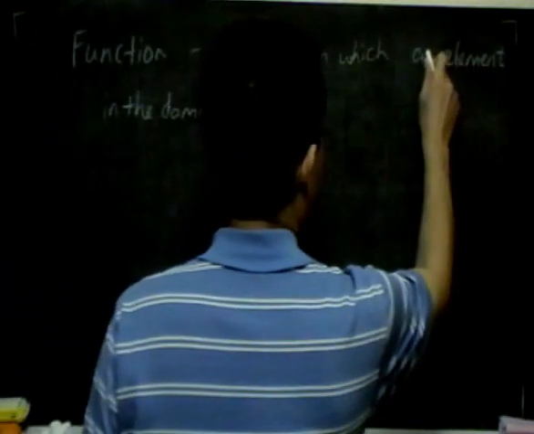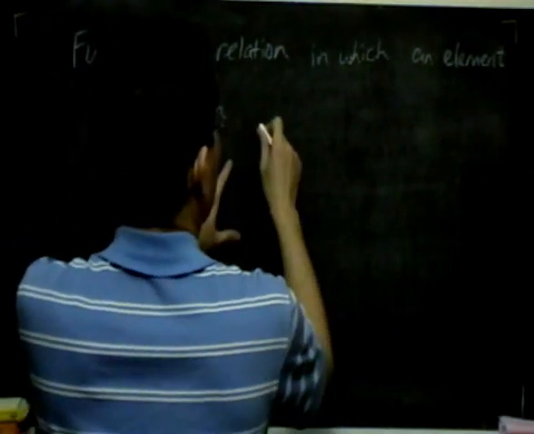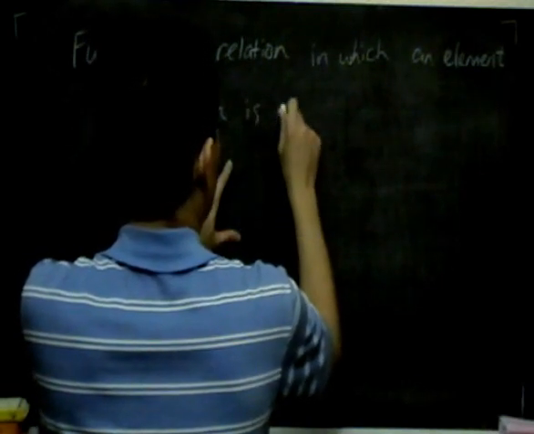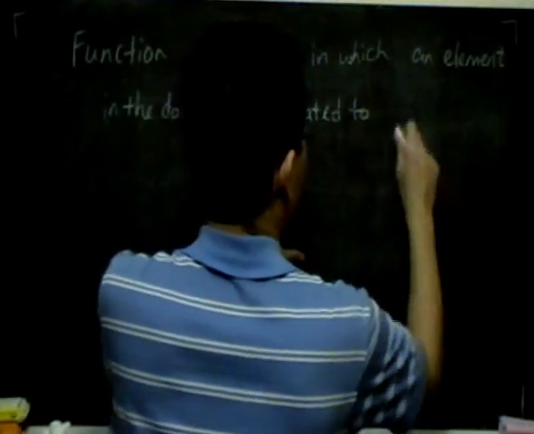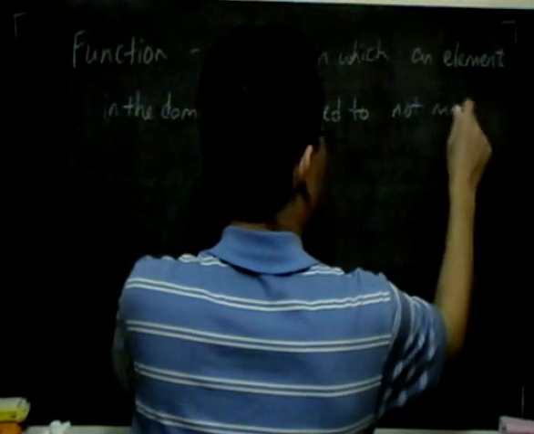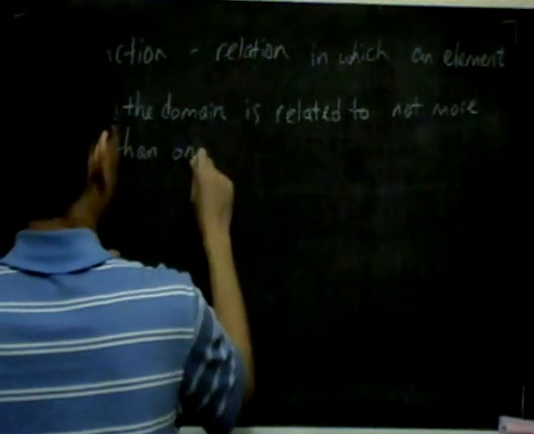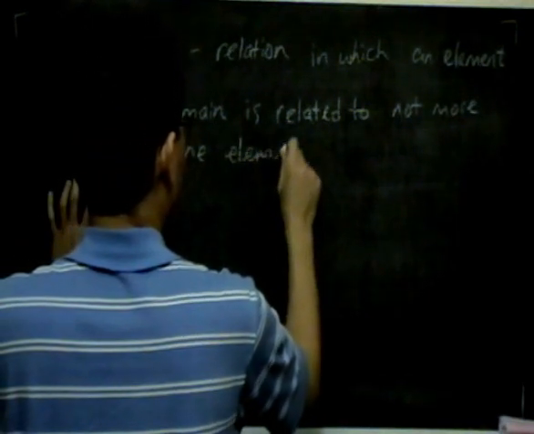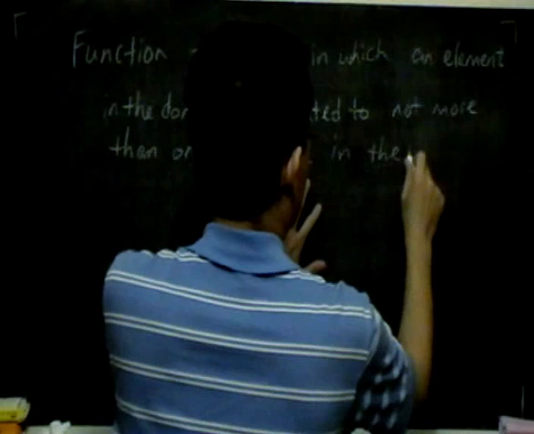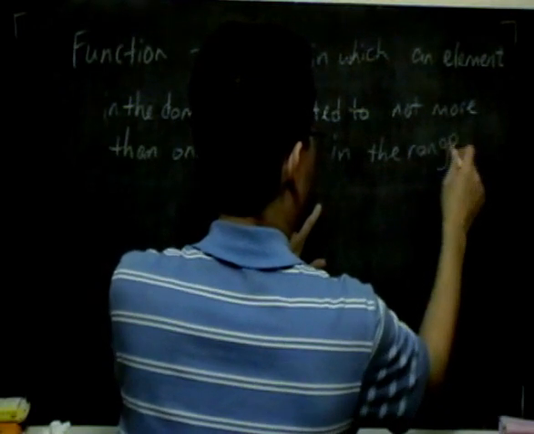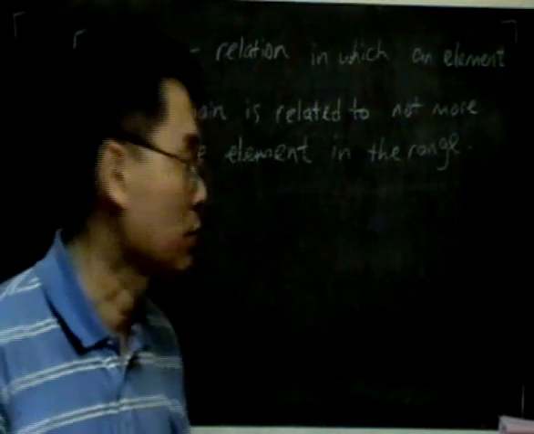So in which an element in the domain is related to, now I'm going to say not more than one element in the range. Right. I hope that's clear enough.